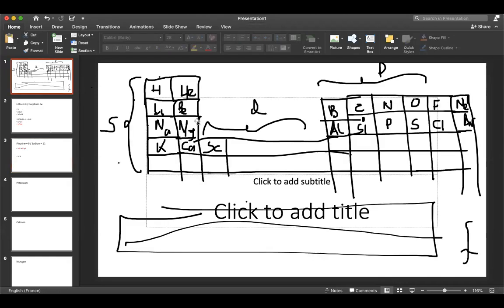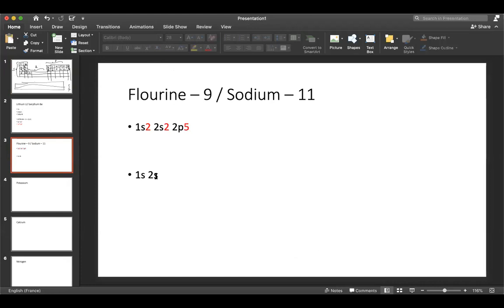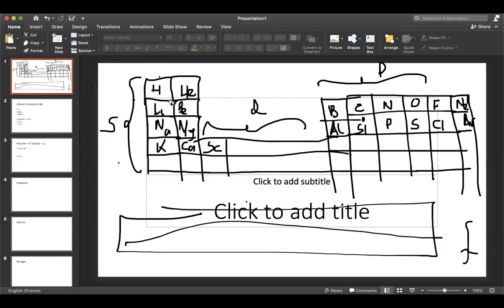Let me explain. We are in period 1, and this is the s block. So it's going to be 1s. Then we go to period 2.